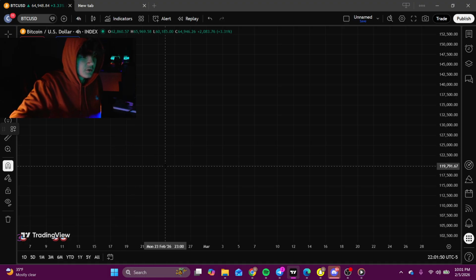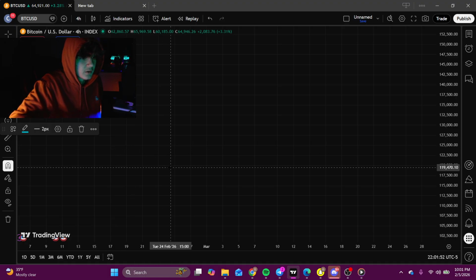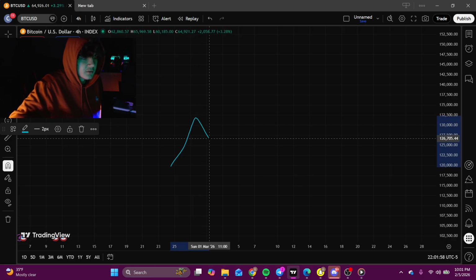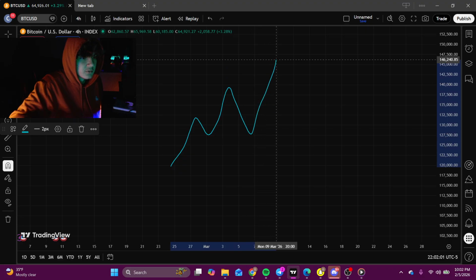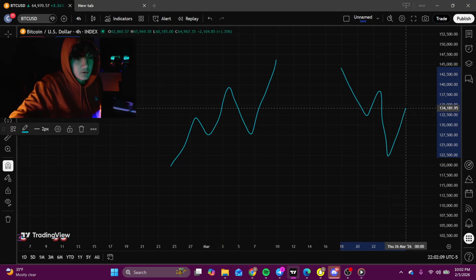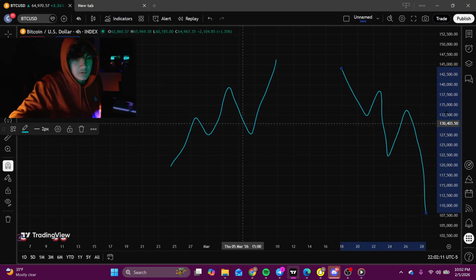Alright? So when price is going up, we call that an uptrend, right? Because it's not really just going straight up, there's people selling. So it goes down, but it keeps going up. It's going up relatively, right? And then there's a downtrend, which is the opposite. It goes down, right?